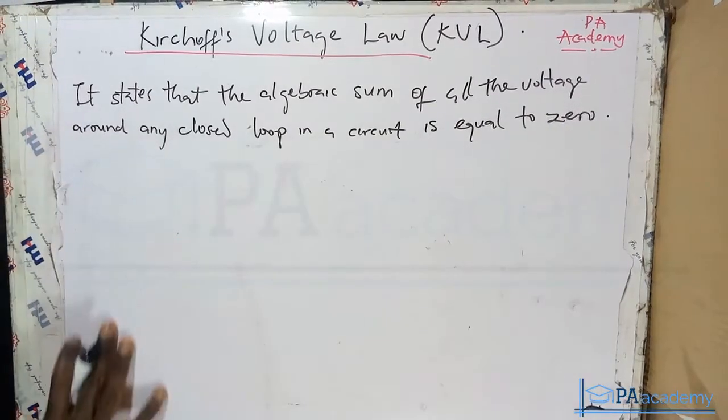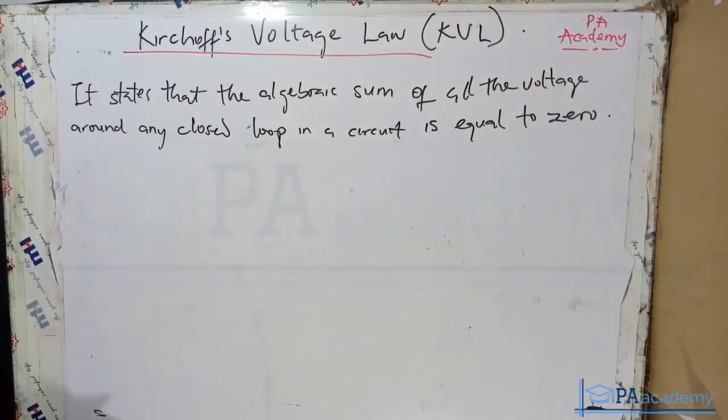So this is what the law states. It says that the algebraic sum of all voltages around any closed loop in a circuit is equal to 0.